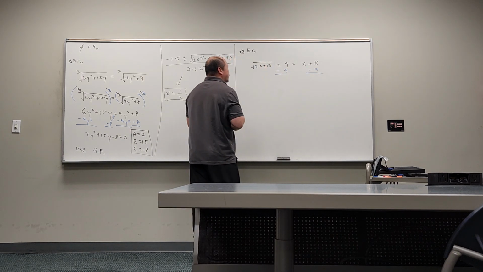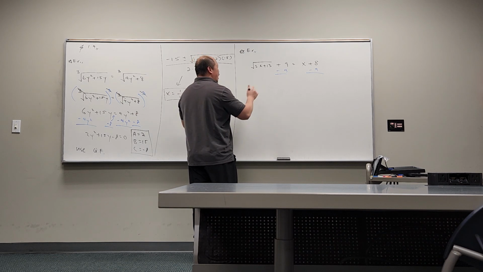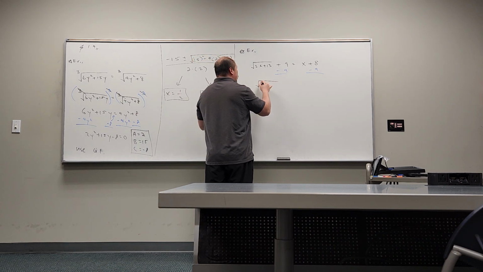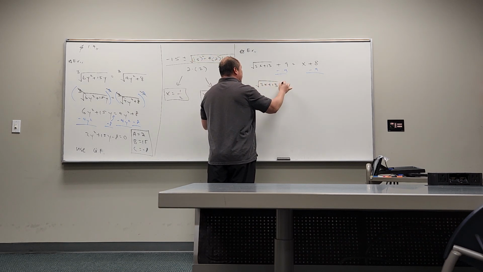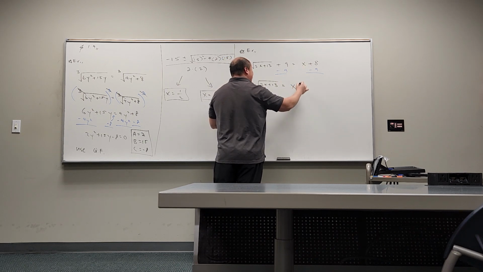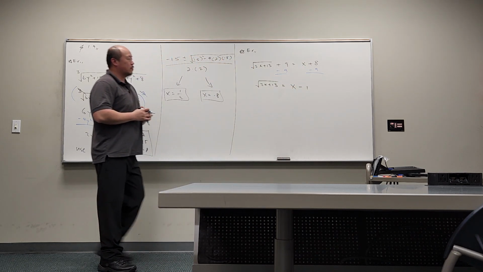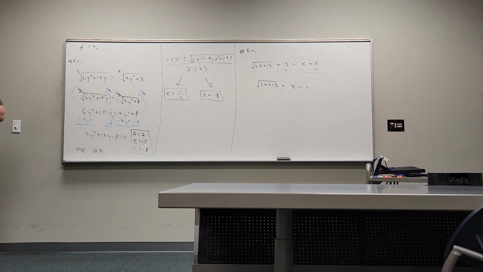And that's right. So you get radical 2x plus 13 equals x minus 1, right? I like to get the radical by itself, and then I can work on it.